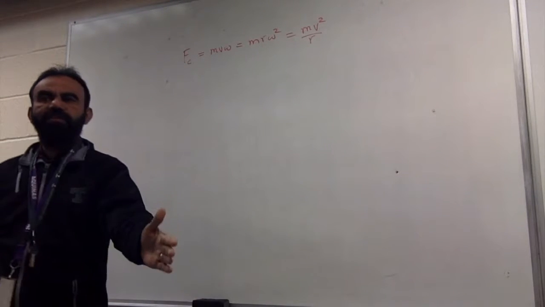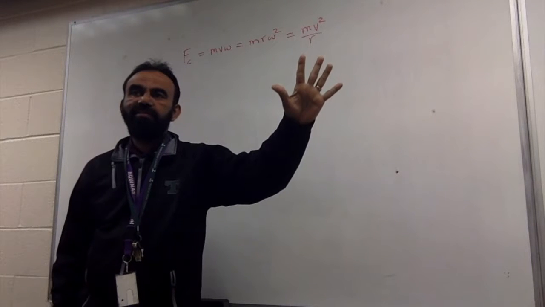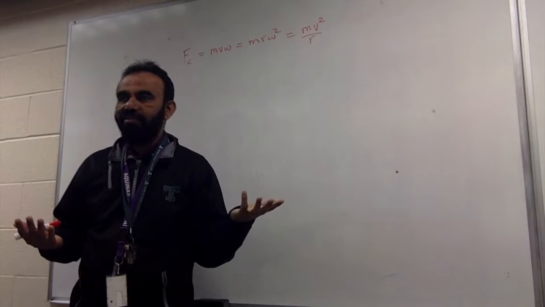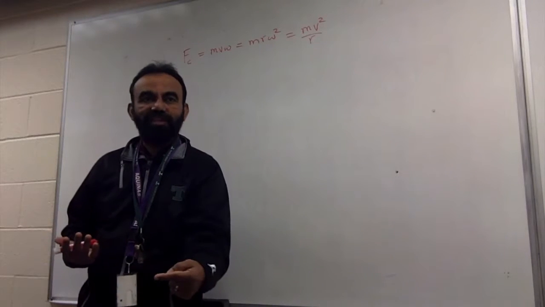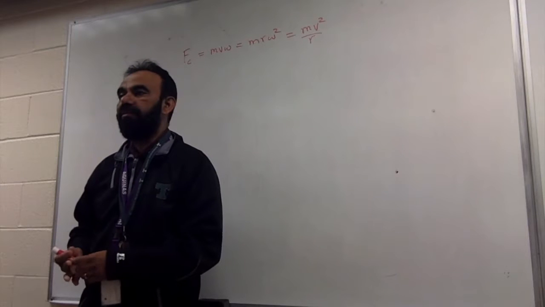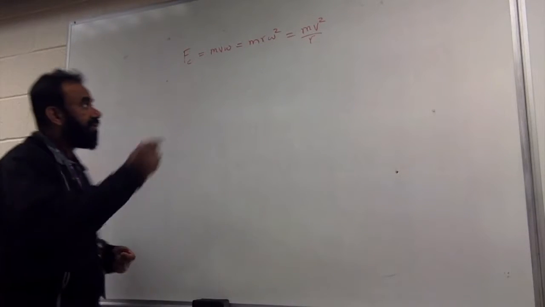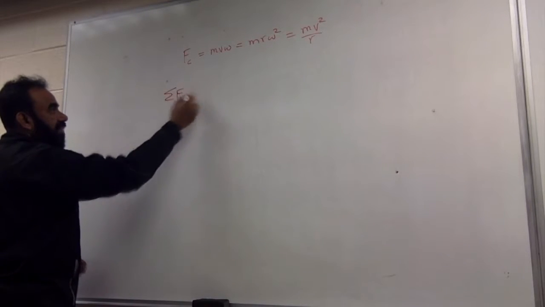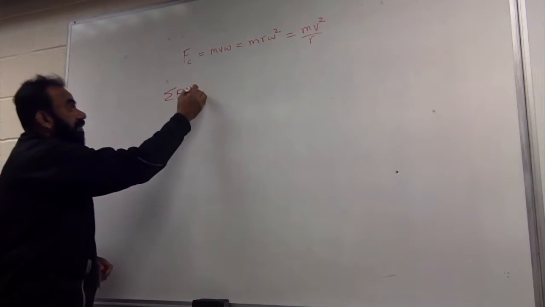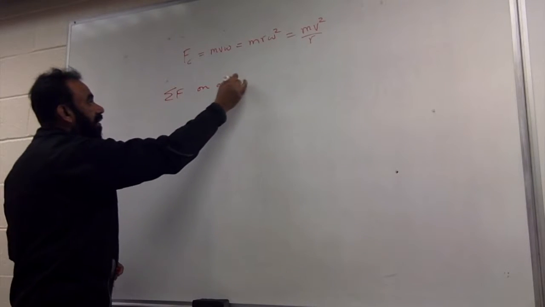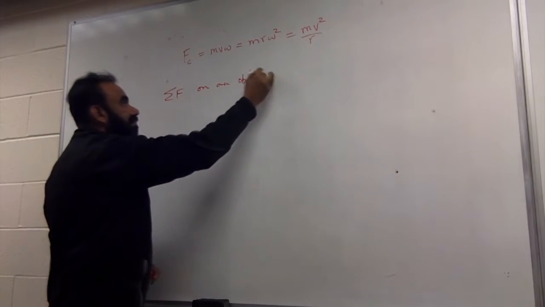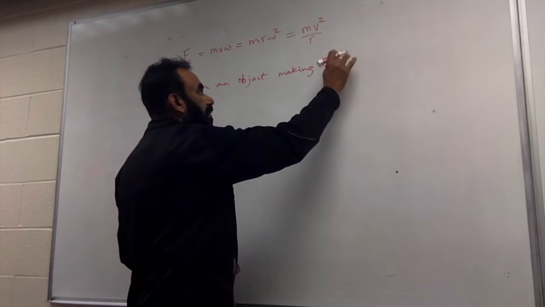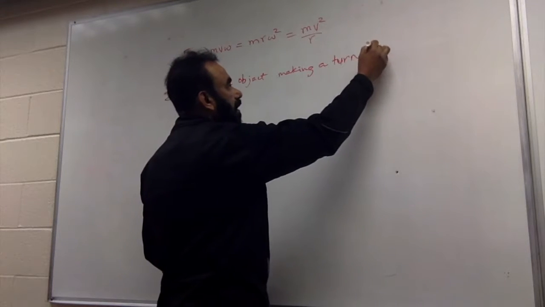So how many forces were acting on me when I was taking the turn? Five. And four of those forces are already balanced, right? It's only the last one which actually was coming in to help me turn. So therefore, this centripetal force is supposed to be the net force. The net force on an object making a turn is the centripetal force.